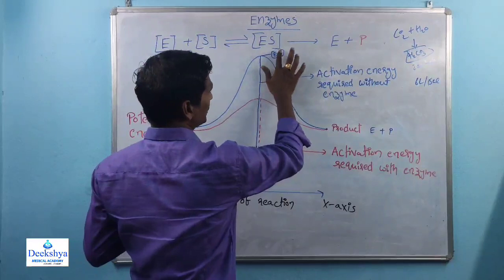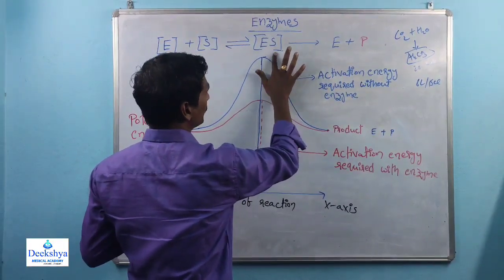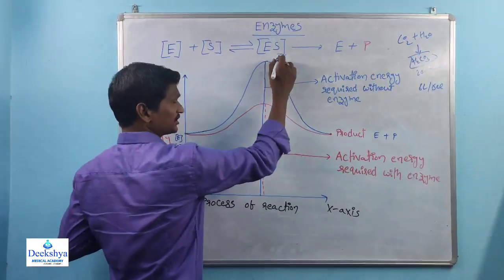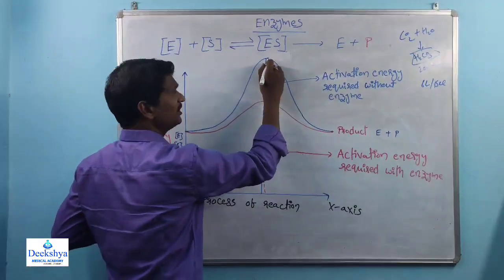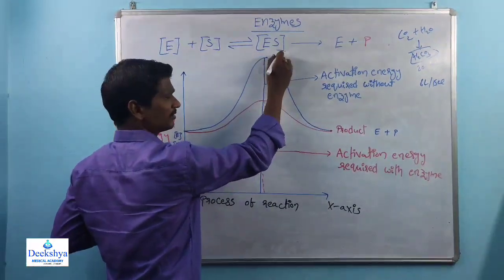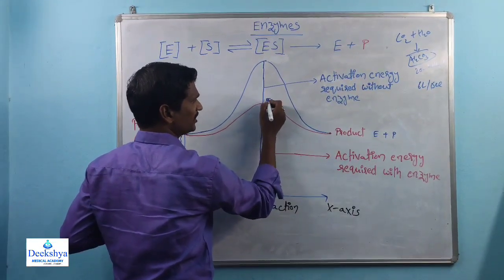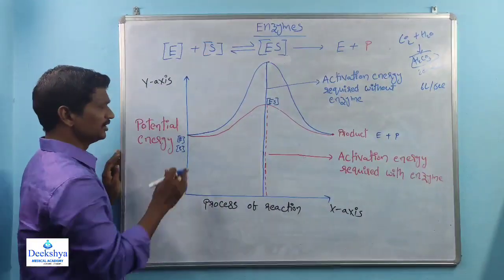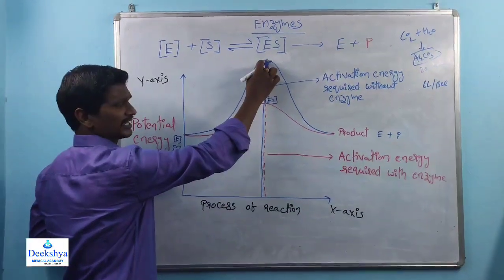For the blue line, the transition state is there, but there is no involvement of enzyme. For the other, there is an involvement of enzyme. This is the reaction center point.